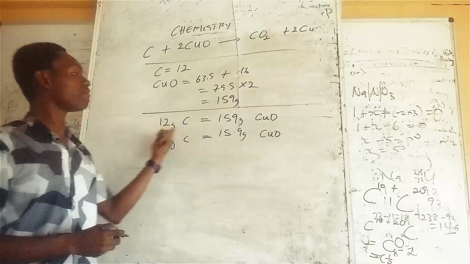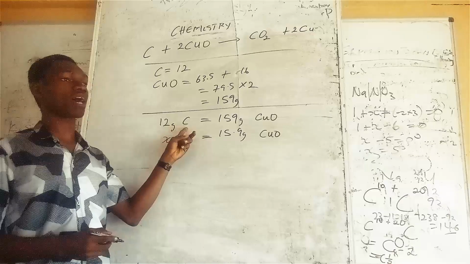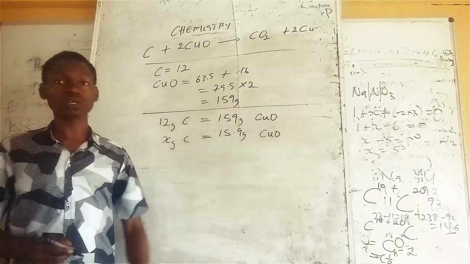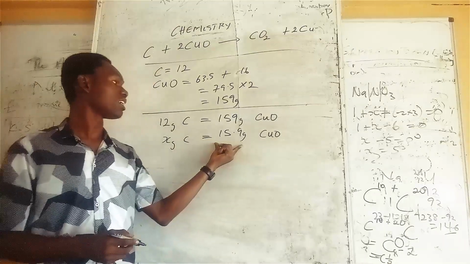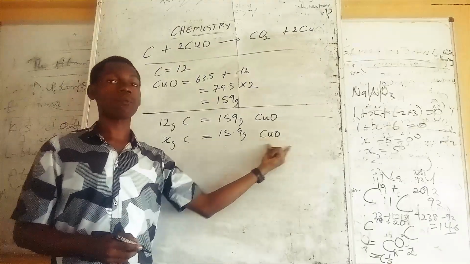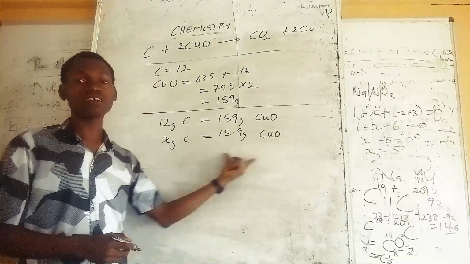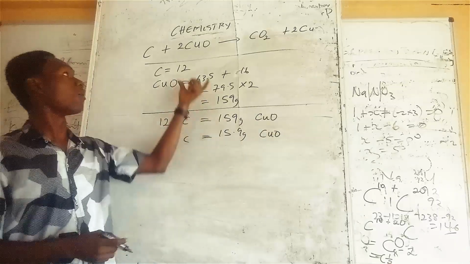So this first sentence was gotten from the equation: 12 gram of carbon reacts with 159 gram of copper oxide. So how many gram of carbon will react with 15.9 gram of copper 2 oxide? This second sentence is gotten from our question, and the first sentence is gotten from the equation.